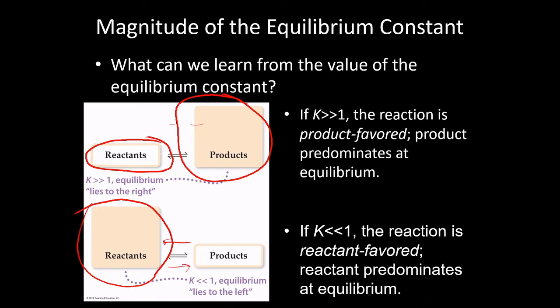Now there are ways we can get around that, and at the very end of this chapter we'll talk about that. But in general, with really, really tiny K values, you're not making much product. It's probably not what you want to use to get the product you're looking for.